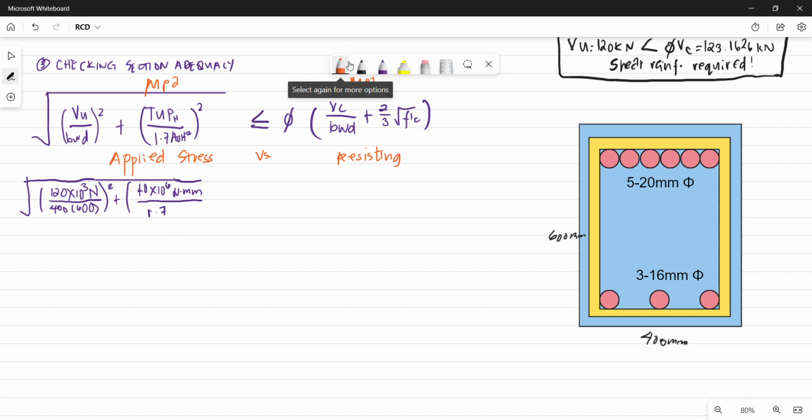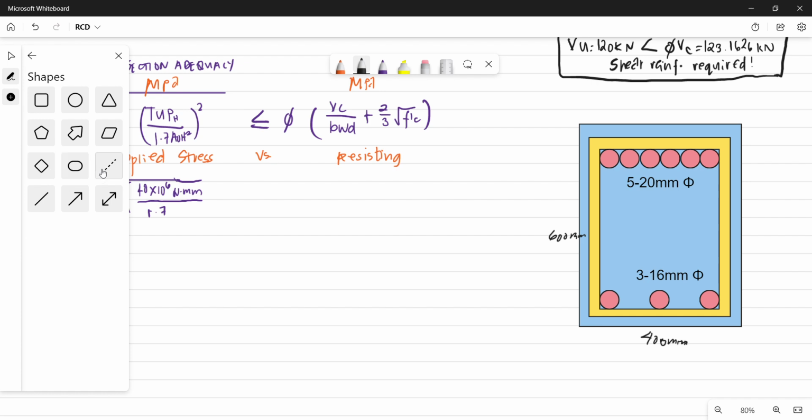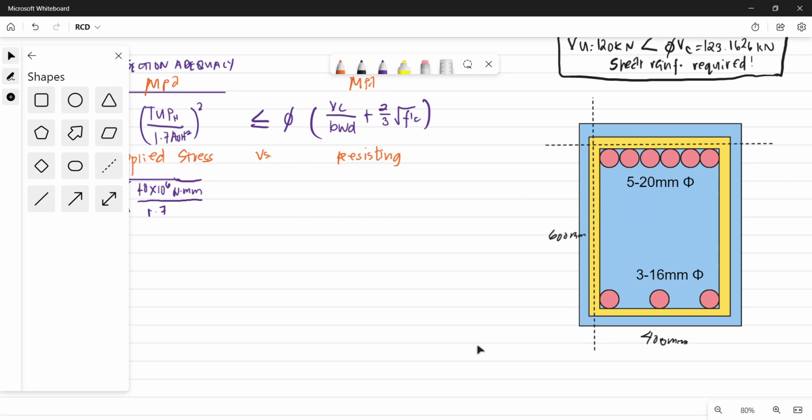Rectangular section. So, let's get your X and your Y. Okay? Ano natin yung X natin dito.